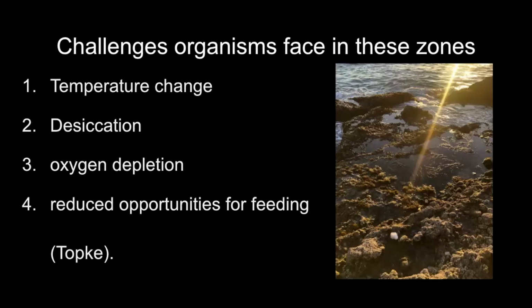And then when they're exposed to air, they're getting less oxygen because they're not able to absorb it through the water. Then for reduced opportunities for feeding, they can go long periods of time without being submerged in water and not have the organisms that they need to feed on accessible to them at all times.